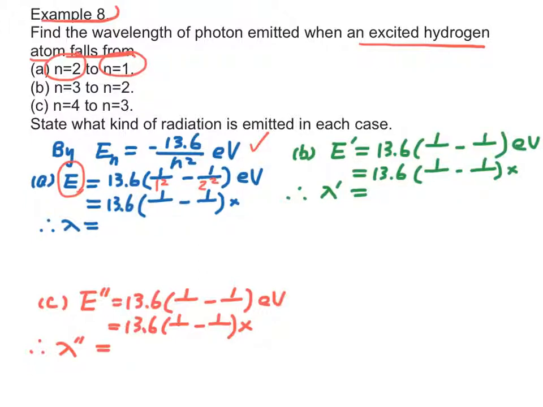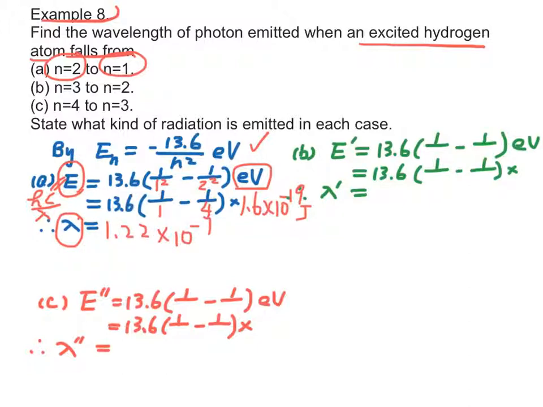Therefore, equal to 13.6 times 1 over 1 minus 1 over 4 times 1.6 times 10 to the power negative 19 joules. Since the energy of the photon equals hc over lambda, by calculation we find that the wavelength of light emitted lambda equal to 1.22 times 10 to the power negative 7 meter.